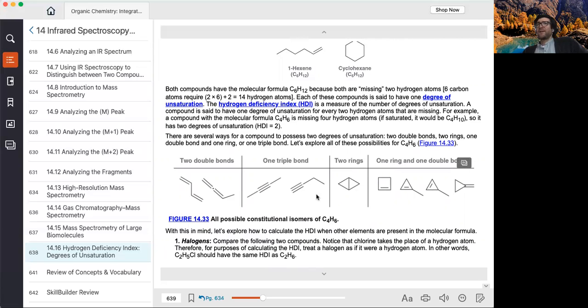So you see that we were able to find out from just the formula what types of structures might be possible. And in doing so, we are giving ourselves a lot more information about the types of double bonds that might be present.